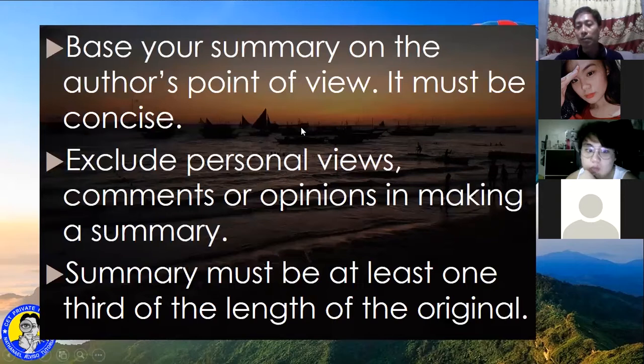Of course, you have to base your summary on the author's point of view. That's why it's very important for you to apply the skimming, the scanning, and the drawing of conclusions to get the author's point of view, which you will have to replicate when you write your summary. And do not add your own opinion because it will just prolong your summary.